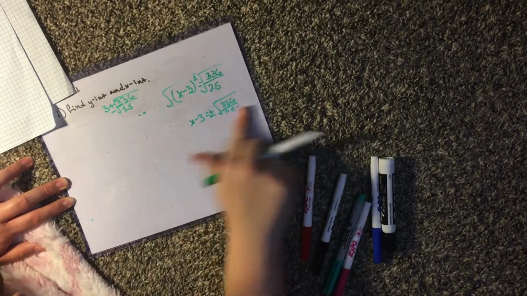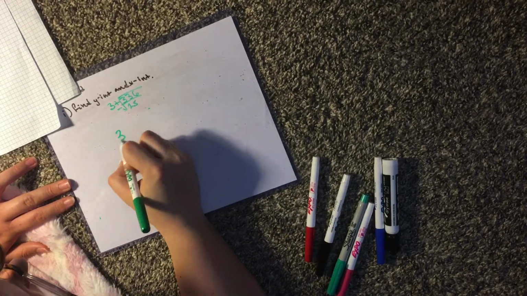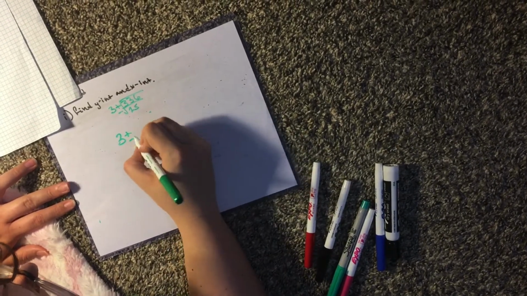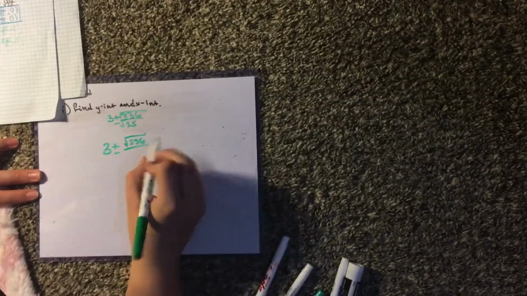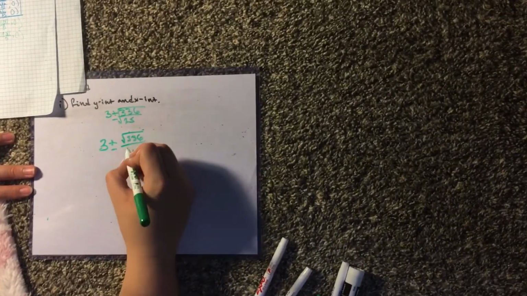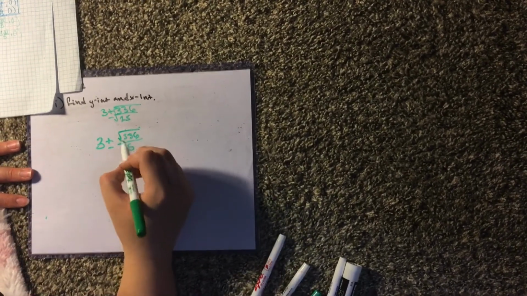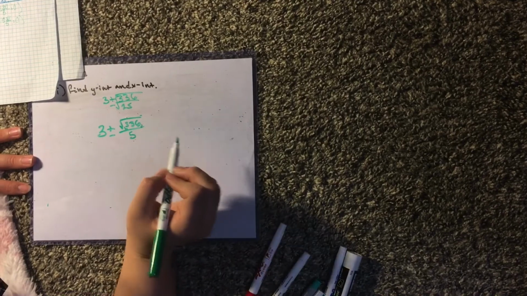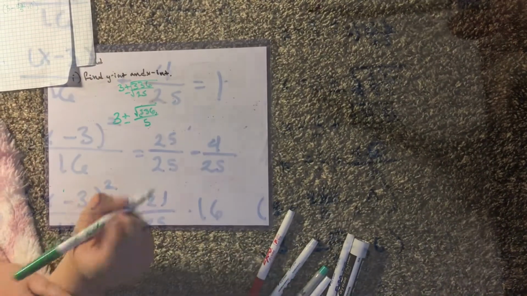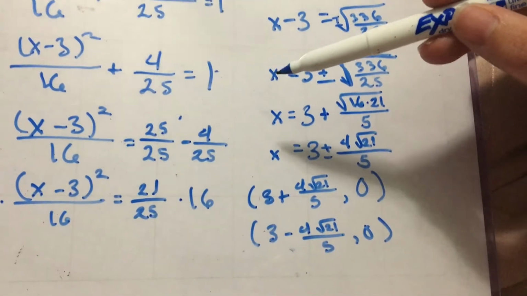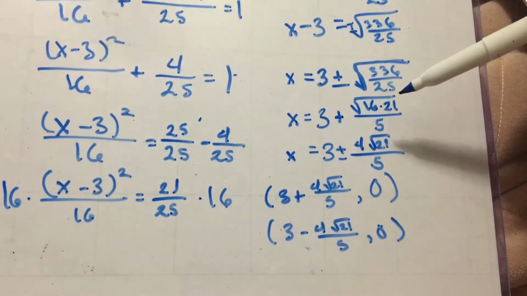We're going to simplify that a little bit more. So we know 3 plus or minus. We can put these in their own separate categories, and we know the square root of 25 is just going to be 5. Pause the video, because we want x by itself completely. So x equals 3 plus or minus the square root of 336 over 25.